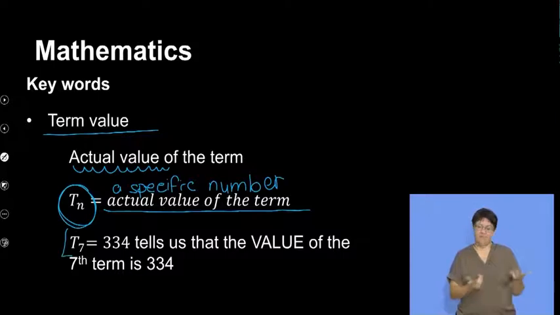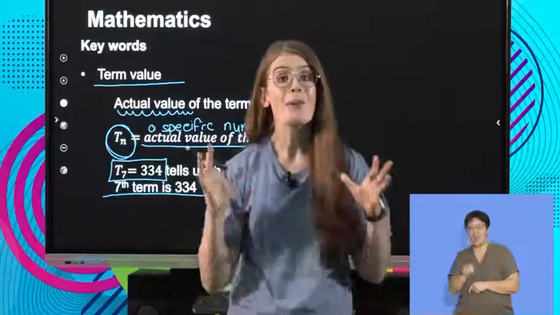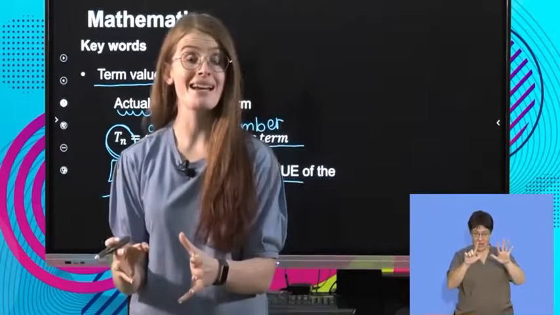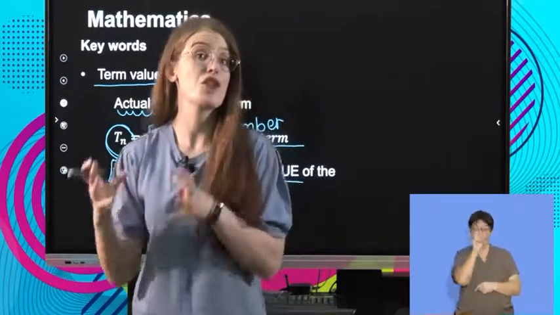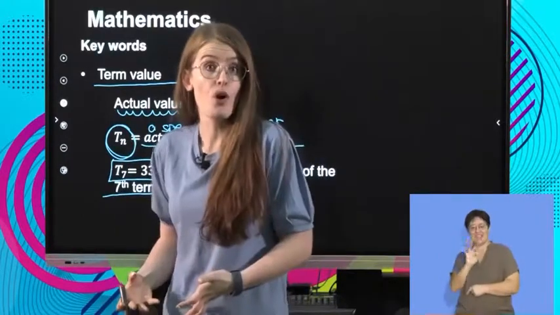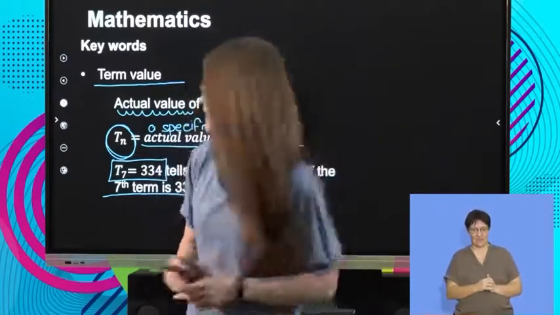If I say T7 is 334, that means that the value of the 7th term is 334. So, with that example, 7 is my term number because it is the 7th term, but the 7th term is 334. So the term value is 334. Great, let's look at the next one.